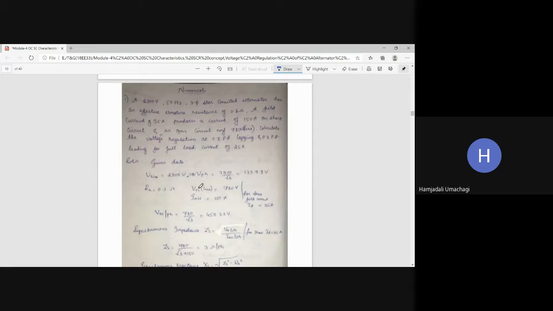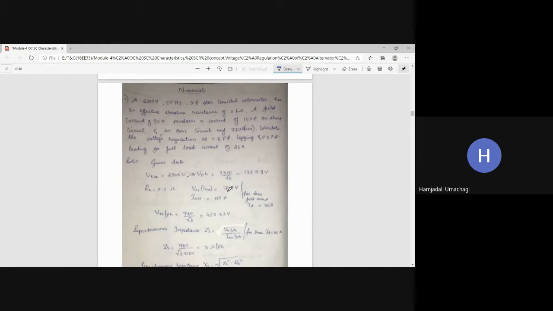So in the open circuit, we know that it gives us the open circuit induced EMF. This voltage here is given in terms of line voltage, right? So VOC line is 780 volts. Similarly, in the short circuit test, the short circuit full load armature current IASC is 150 ampere.